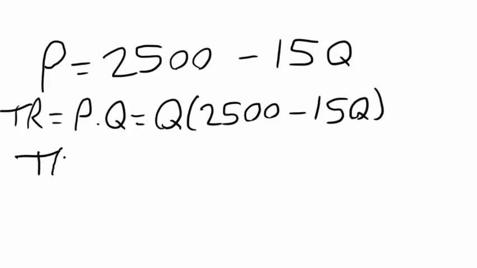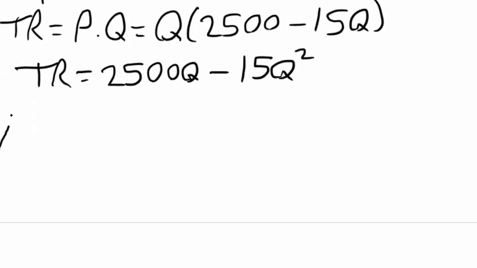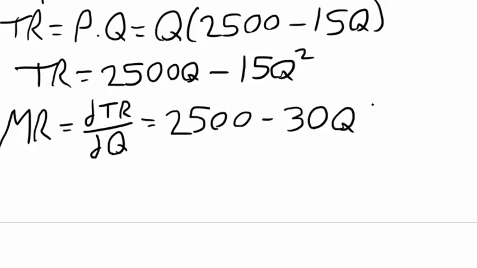By distributing that Q, we get a total revenue of 2,500 times Q minus 15Q squared. And in order to find the marginal revenue, we need to take the derivative of the total revenue function with respect to Q. And so what we get for our marginal revenue is 2,500 minus 30Q.